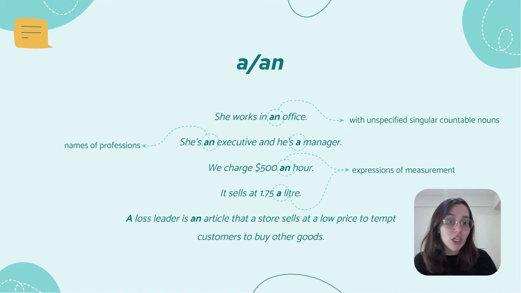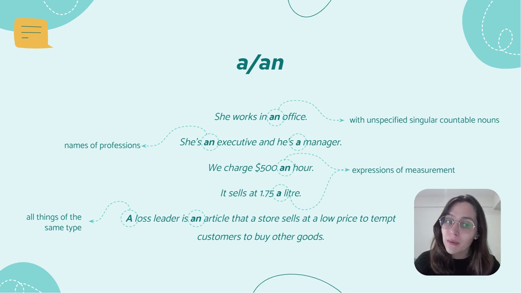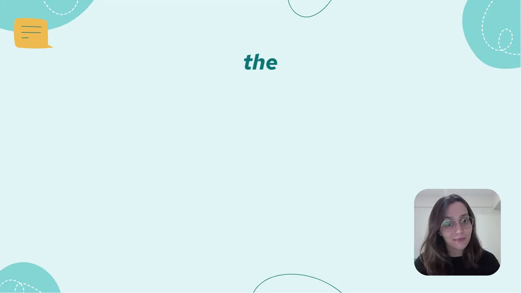We use it with expressions of measurement, an hour, a litre, and all in all things of the same type. A loss leader, any loss leader, okay? I'm referring to all of this kind and none in particular. Why? Because if I were talking about something in particular, I would need the definite article, and that is the.